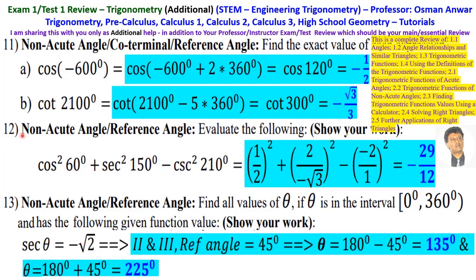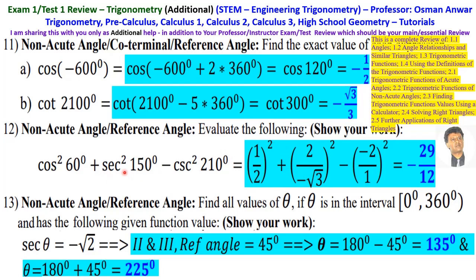Number 12, non-acute angle, reference angle. So find cosine squared 60 plus secant squared 150 minus cosec squared 210. So 60 degrees in the first quadrant, and cosine of 60 is 1 over 2, squared.